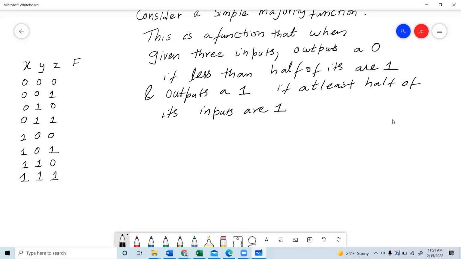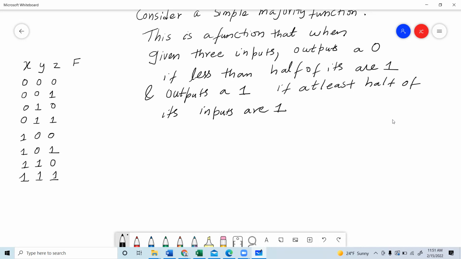So what is the problem stating here? Given three inputs, it outputs a 0 if less than half of its inputs are 1. So how many ones can we have? Up to three ones. Here, how many ones are there?